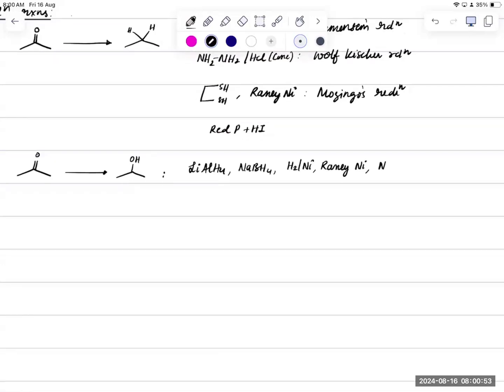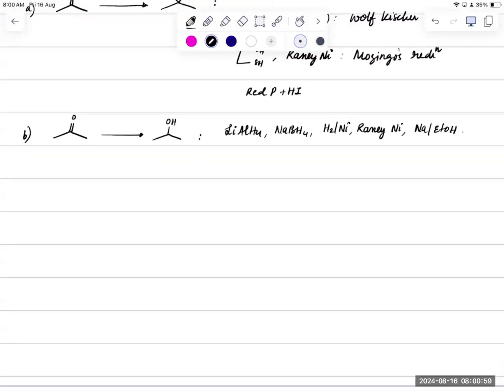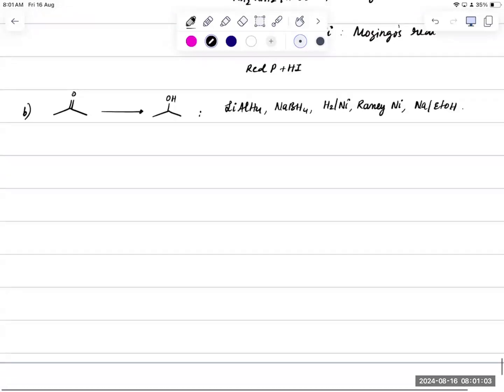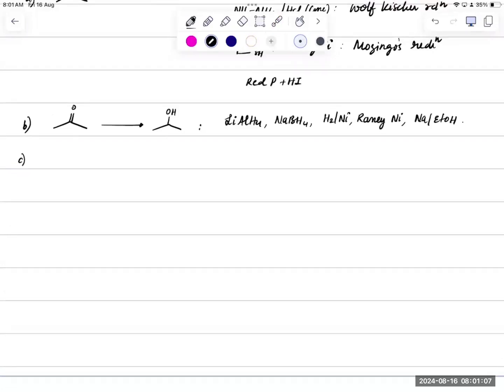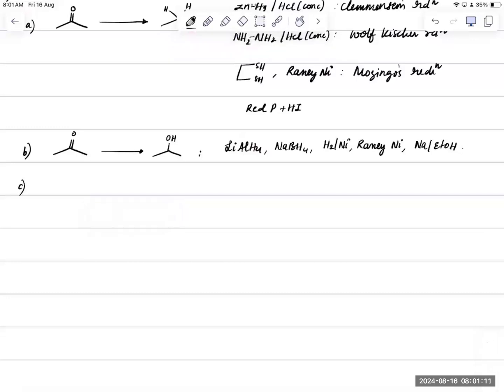We can use sodium in ethanol. Right. These are the reagents which we will typically use. There are more, but these are the ones which will be asked of you. Okay. I guess this part is clear, everybody.